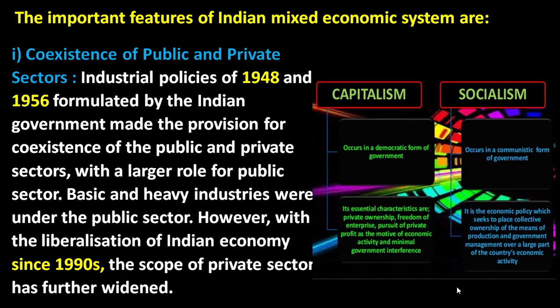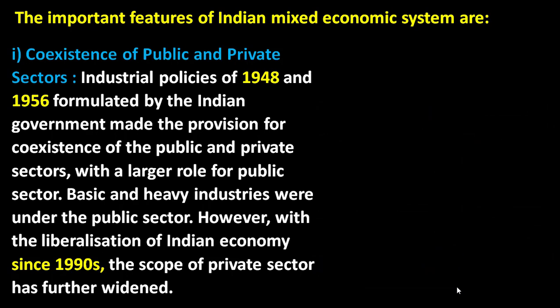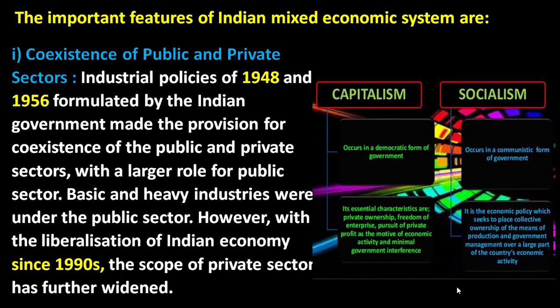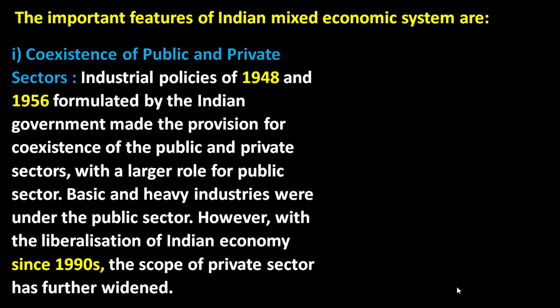With a large role of the public sector, basic and heavy industries were under the public sector. However, with the liberalization of the Indian economy since the 1990s, the scope of the private sector has further widened. That is a very important feature of India as a mixed economic system.